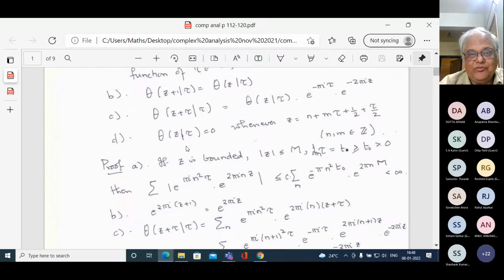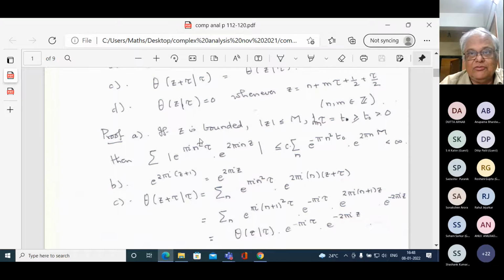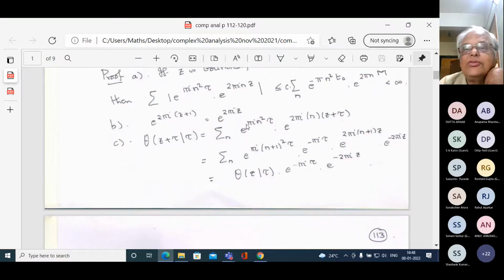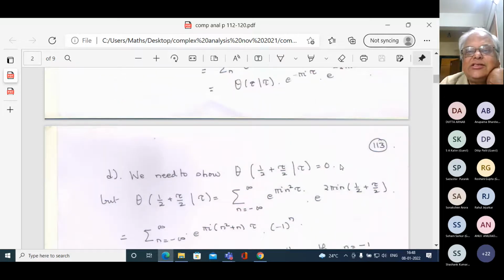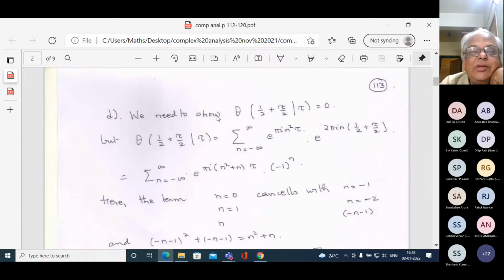And where are the zeros? So you know that in that sum, when will you get a 0? So it's this thing is 0. So you get that when you translate z by tau, you get this factor out of it. It just involves rearranging the sum.